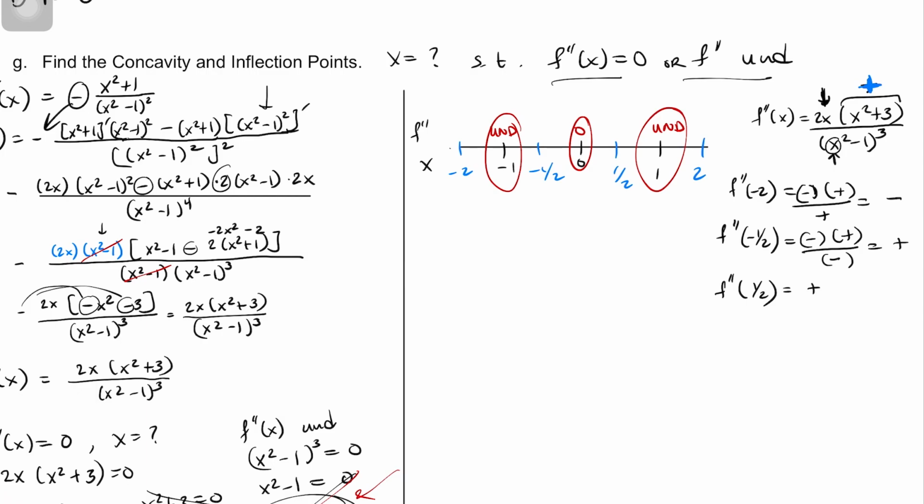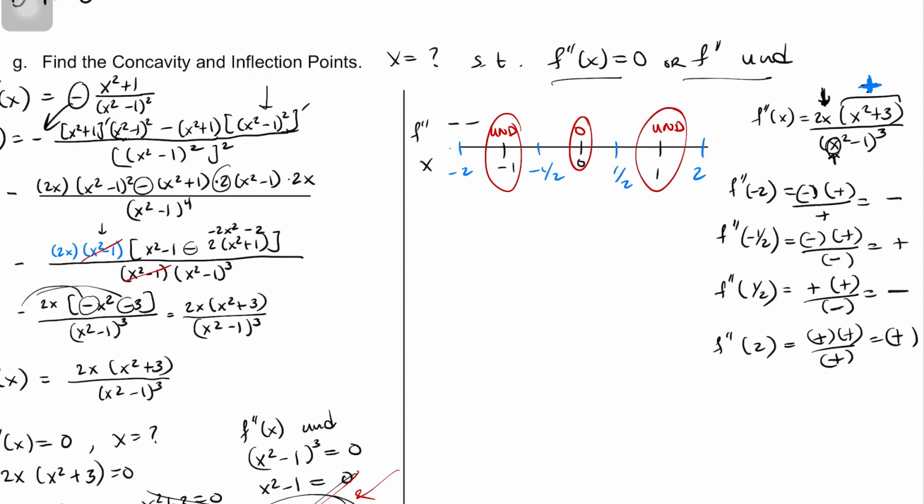Second derivative for positive 2: positive, positive, positive equals positive. Oh, this one is negative, I'm sorry. Because when you plug in positive 1/2 here, that will give us 1/4. 1/4 minus 1 is negative. There you go. I'm sorry about that.